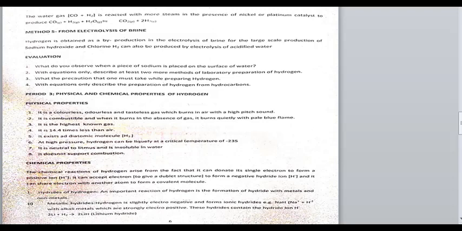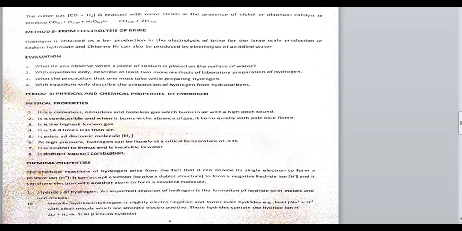Hydrogen does not support combustion. And finally, hydrogen has a very low boiling point, about minus 253 degrees Celsius. So those are the physical properties of hydrogen.